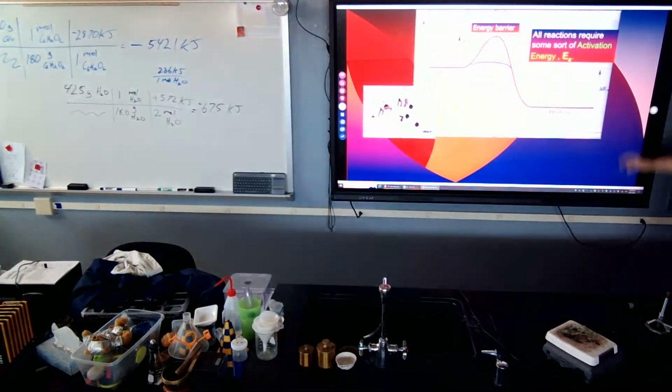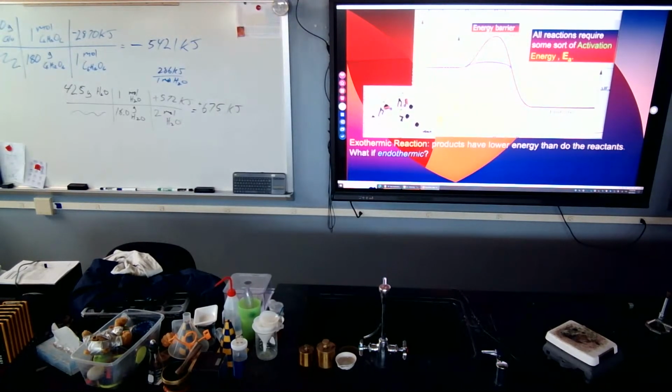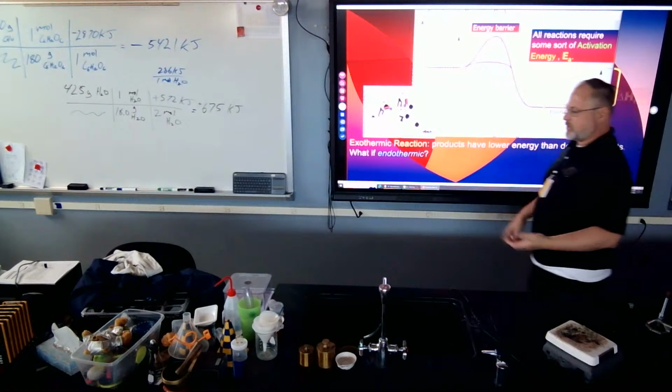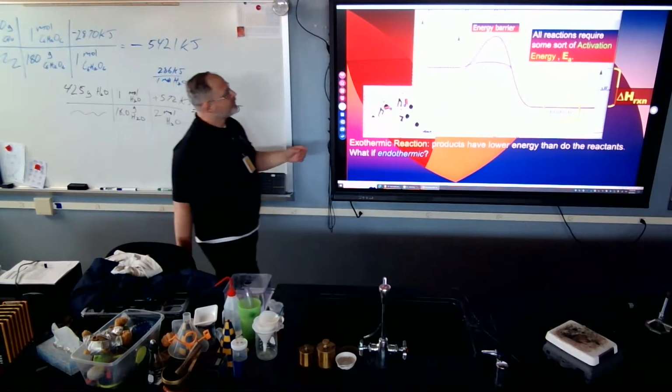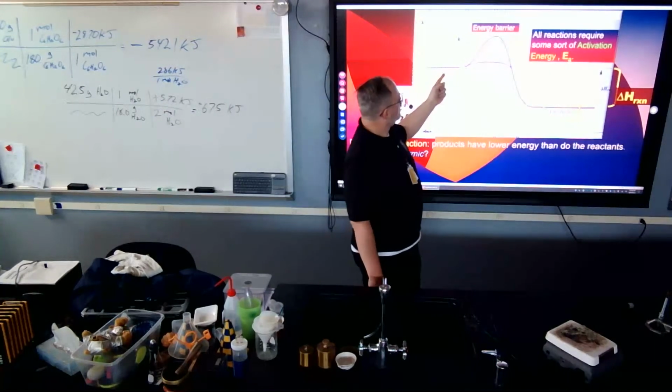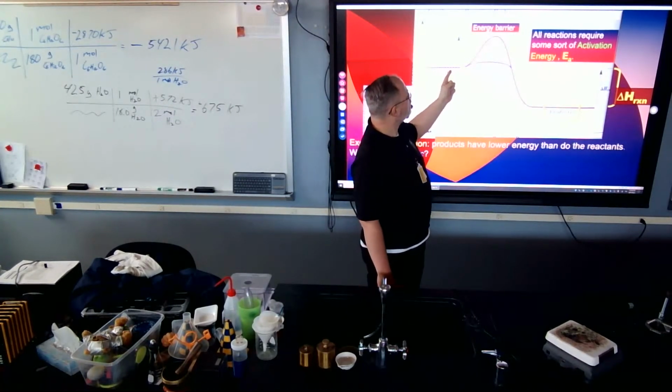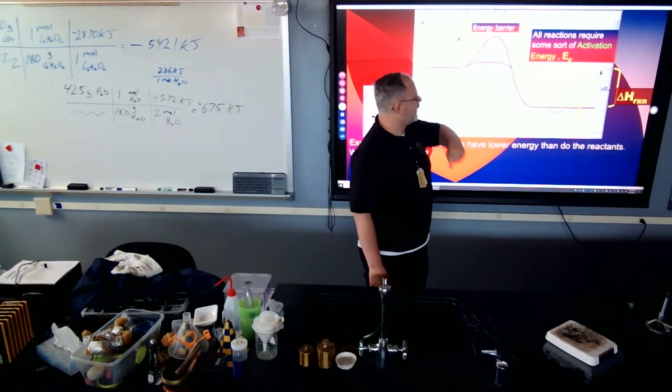Okay, moving on. No matter how exothermic a process is, it always has some barrier to it going. When you take AP Chemistry, you learn about the kinetic barrier, what we call the activation energy, and we'll talk about mechanisms. But right now, just realize that to begin a reaction, you have to overcome the energy barrier.